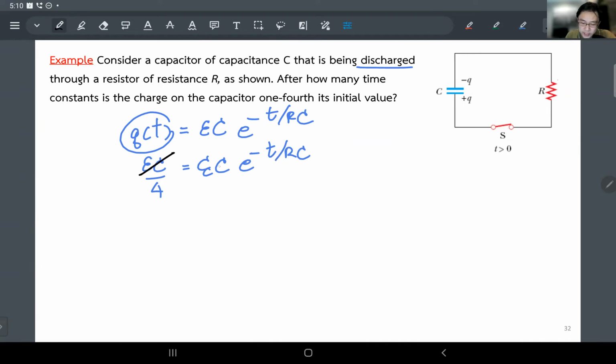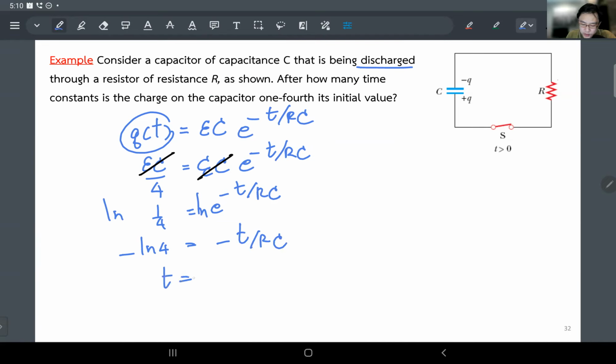Now EC cancels. So what you get over here is 1/4 is e to the negative t over RC. Take log on both sides. Just do the inverse. So log 1/4 is just negative log 4, and it's negative t over RC. That means t is just log 4 times RC. You guys with me?